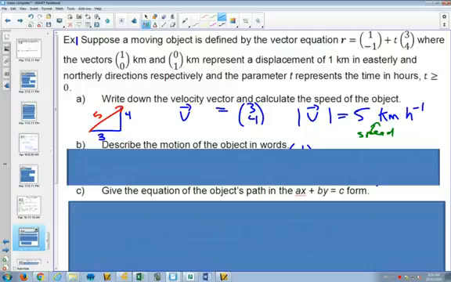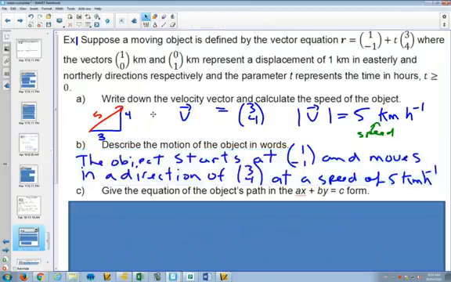So it's going to travel 5 in 1 unit of time. Since time is in hours and the units are in kilometers, there's your speed, 5 kilometers per hour. So just describing this in words, the object starts at (1, -1), and moves in a direction of (3, 4) at a speed of 5 kilometers per hour.